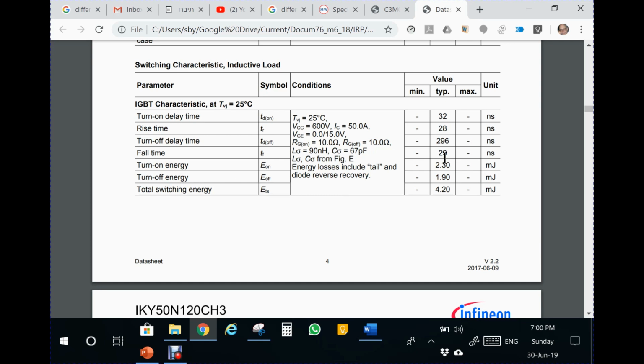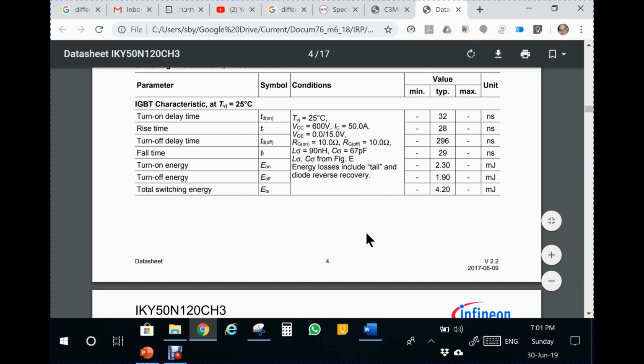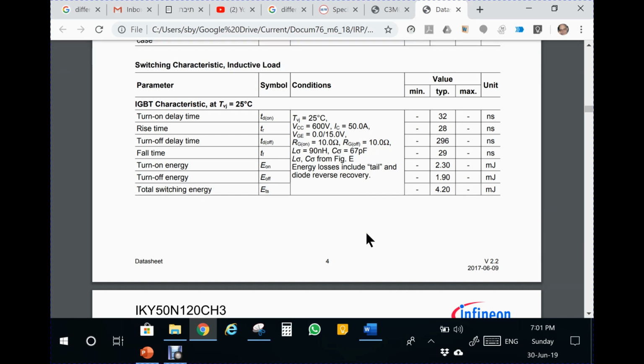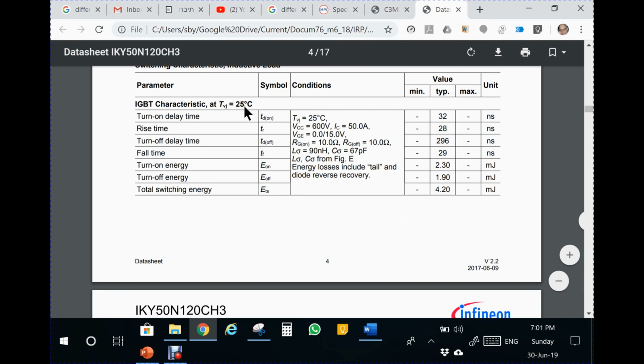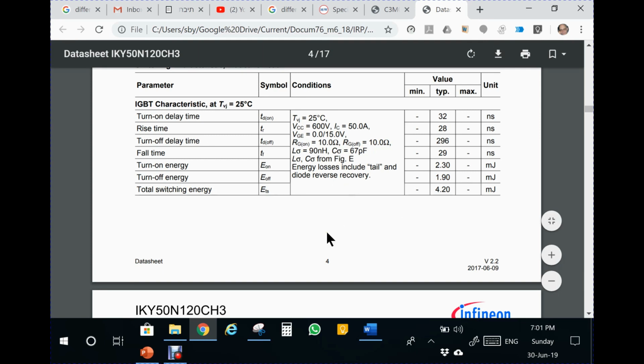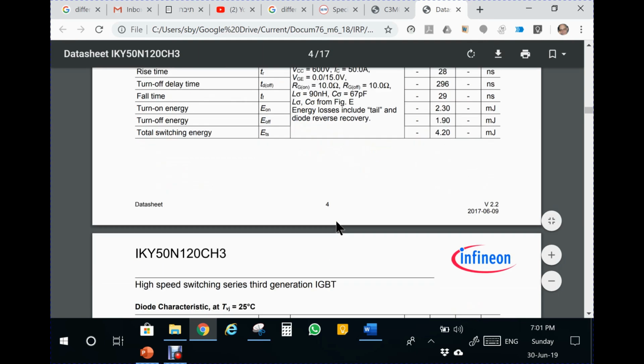Now, as I've said, we have here the issue of the tail, and as a result we do have higher losses here. But it is a fairly fast element, and since the total loss here, energy, is about twice that of silicon carbide, or a little bit more depending on the operating point, it would mean that you can run this device at a lower frequency than the silicon carbide.